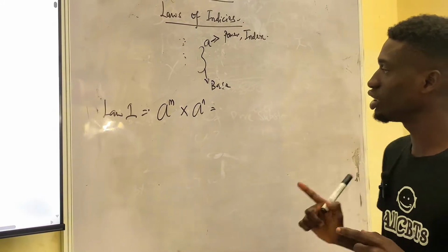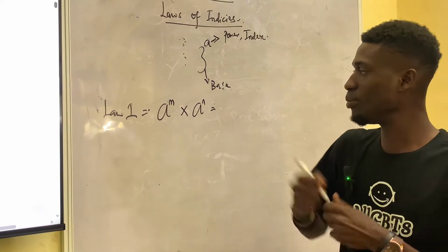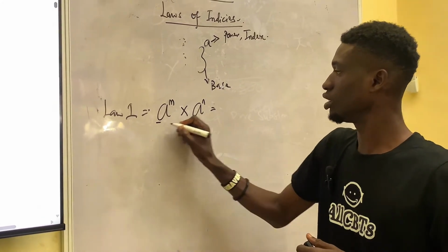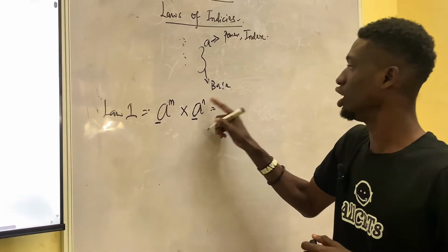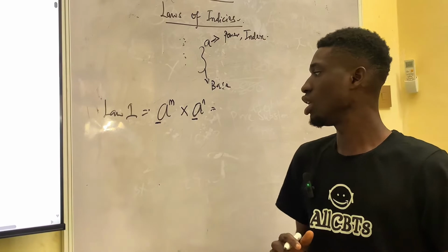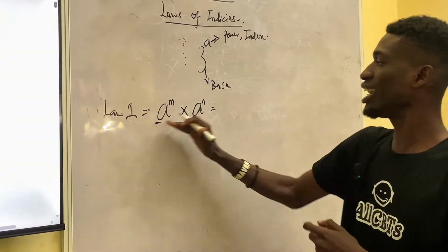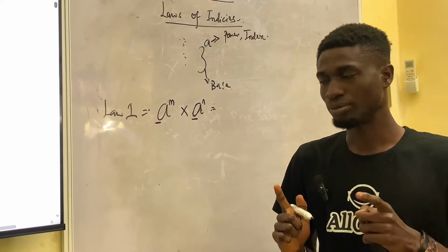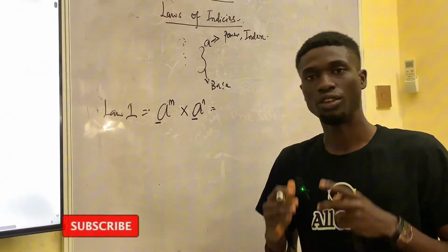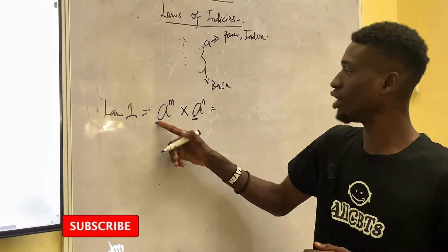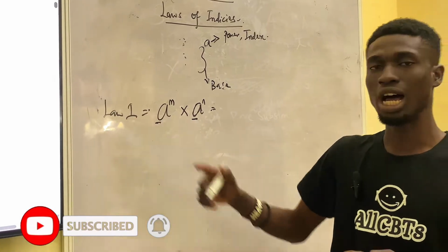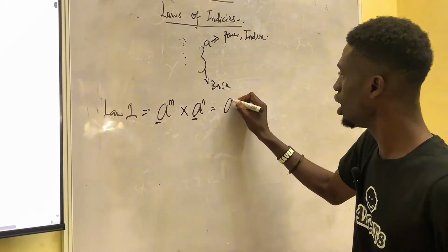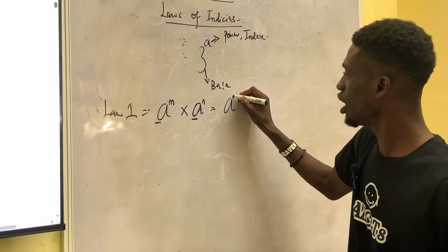The first thing is your base. As you know, the number below is known as your base. Once you see that your bases are the same, then you can apply the law of indices. So if you want to apply law 1, it will be a to the power m.